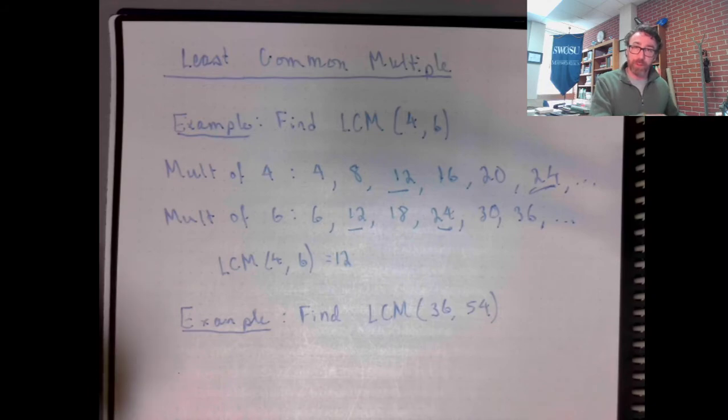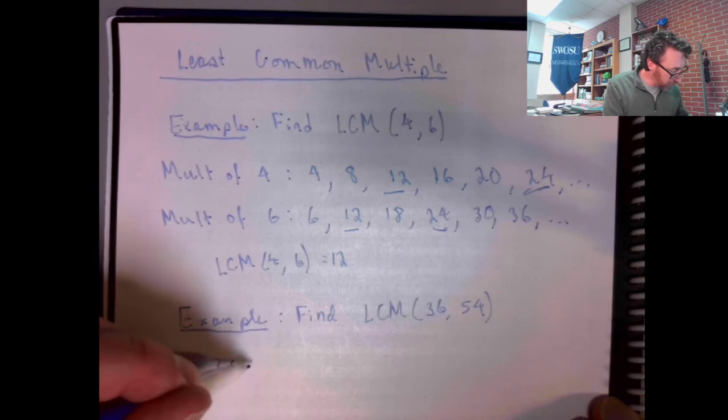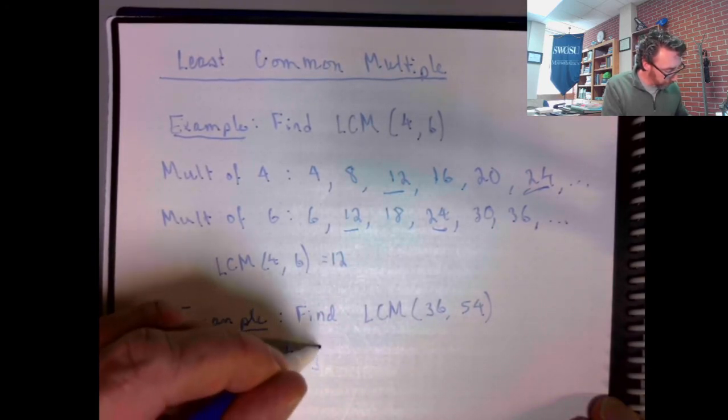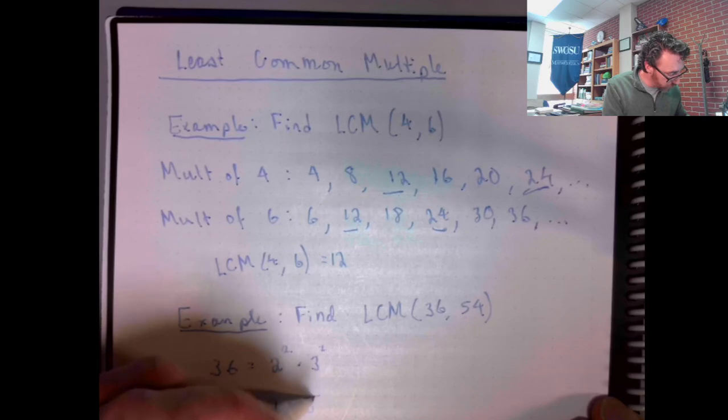But there's a quicker way, and it's related to what we did for the GCF, okay? It's the prime factorization method. Okay, so 36 is 2 squared times 3 squared. 54 equals 2 times 3 cubed.